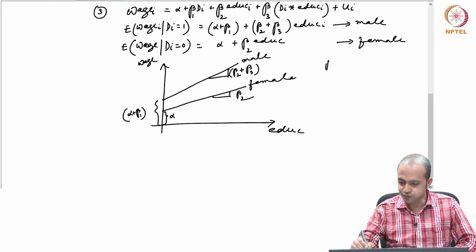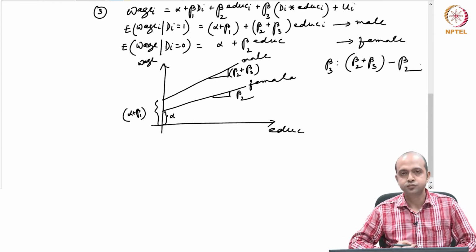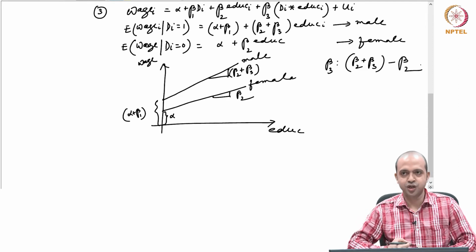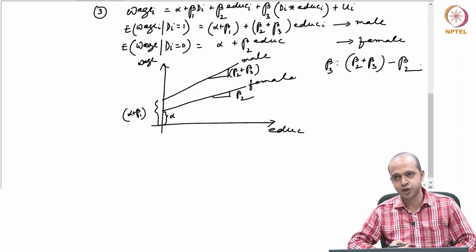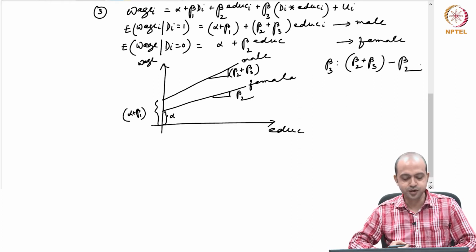How do you derive beta 3? The interpretation is derived: it is basically beta 2 plus beta 3 minus beta 2. So, these are the three cases we discussed yesterday in our previous class.